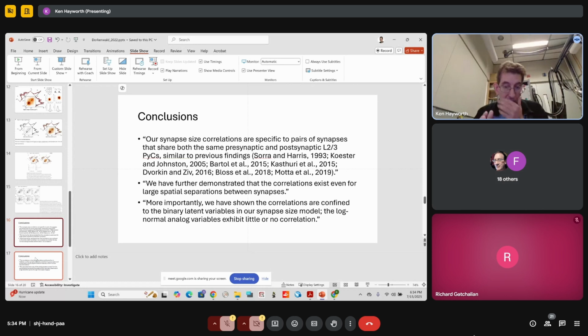And they stress in this paper multiple times that this is something that they're seeing between layer 2-3 pyramidal cells in visual cortex. Basically this type of analysis would have to be done for every pair of cell types to see if that pair of cell types has synapses that behave this way.